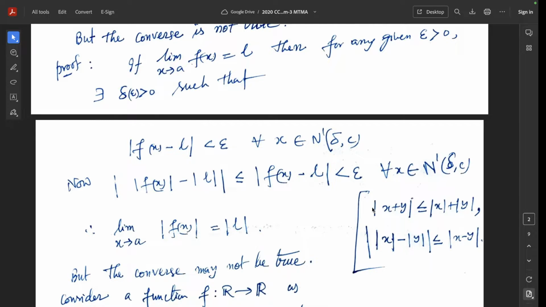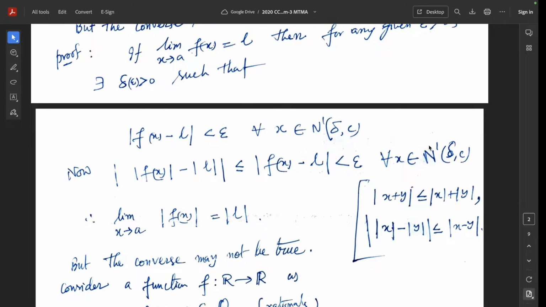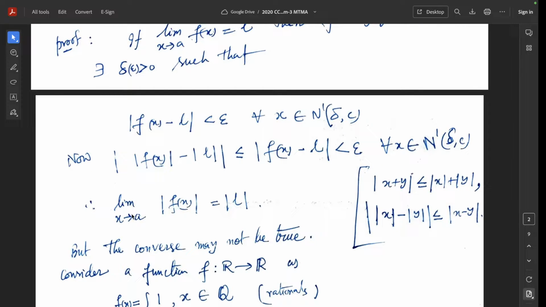From the triangle inequality, mod of x plus y is less than or equal to mod x plus mod y, and from this we can easily deduce that mod of mod x minus mod y is less than or equal to mod of x minus y. So obviously the limit as x tends to a of mod f(x) equals mod L.